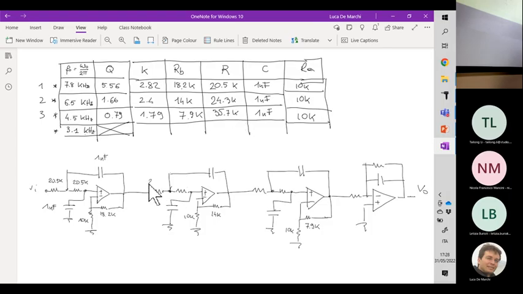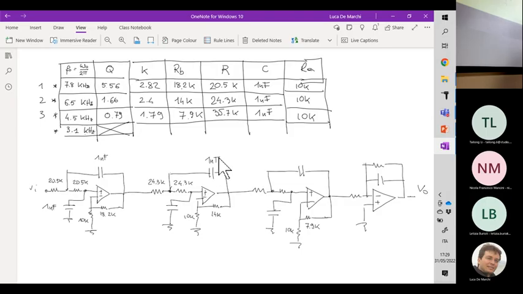R is 24.3 kilo ohm here and here, of course, because we are implementing the lazy strategy. So lazy strategy means in each stage, same resistors and same capacitances.